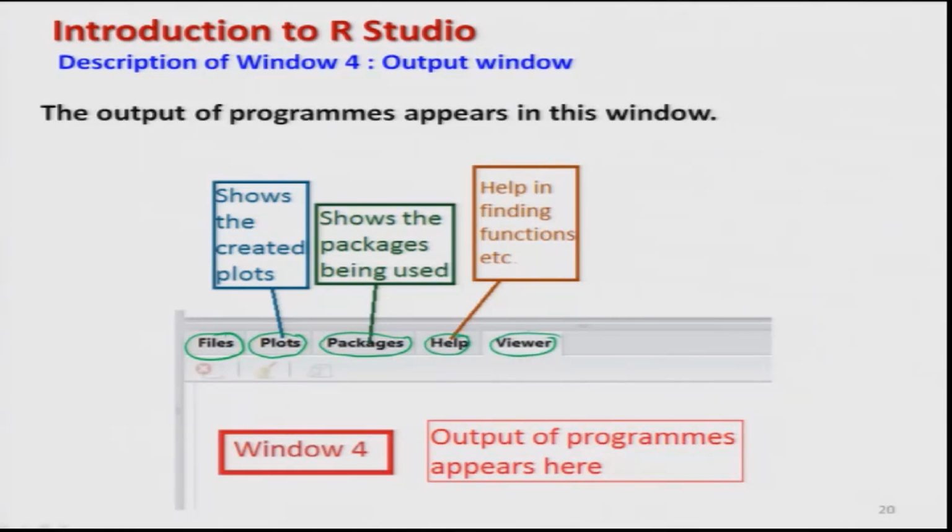As soon as you click on viewer, whatever is the outcome of your program, for example any graphics or any numerical values, will appear in window number 4 over here. Right. I will try to demonstrate it by using a simple example.